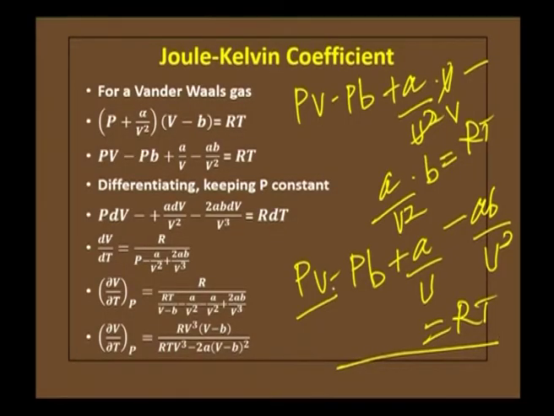If you differentiate the pv term, it is p dV, since p is constant, and the pb term is 0.